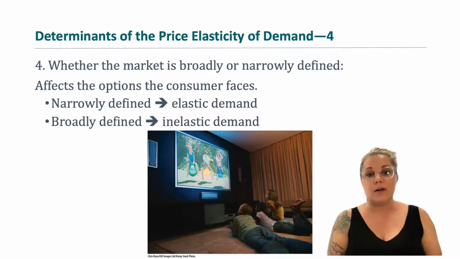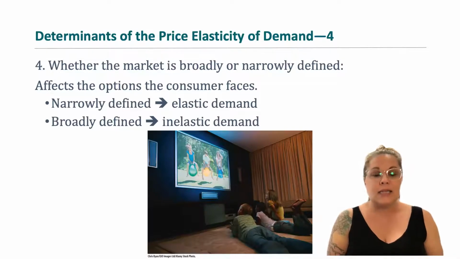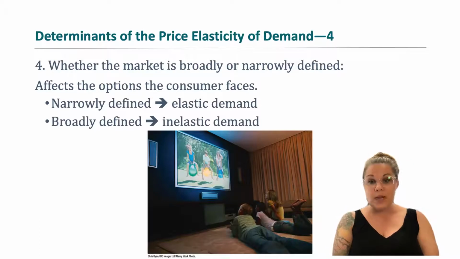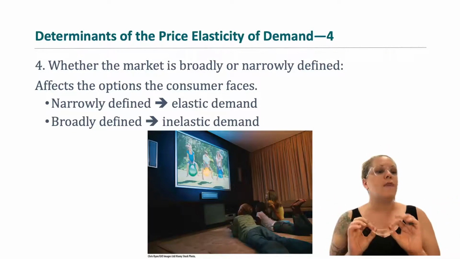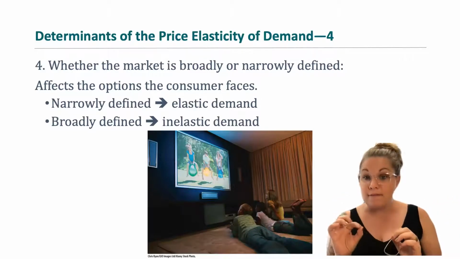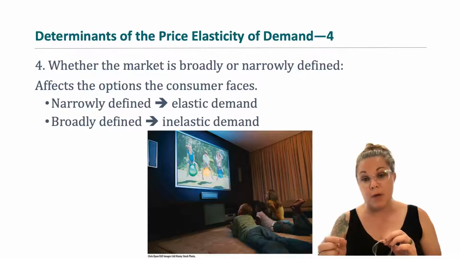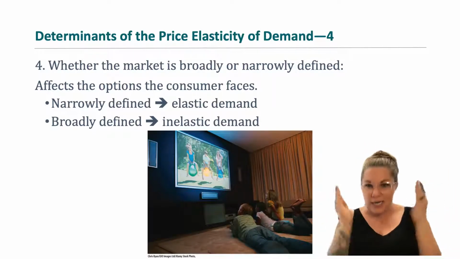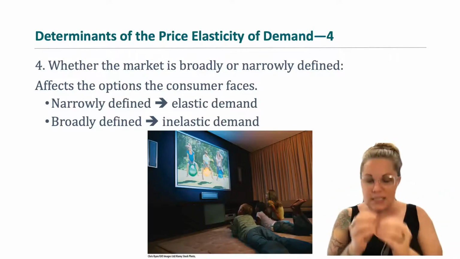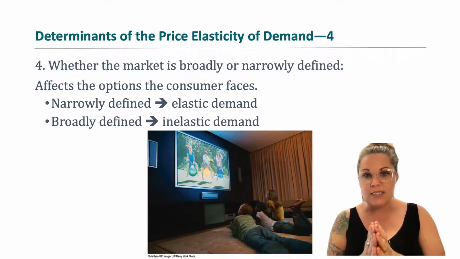So what I'm talking about here, for example, would be like, I may be very sensitive or elastic to the price of Netflix changing month to month, because Netflix I've defined pretty narrowly. It's like one specific streaming service.